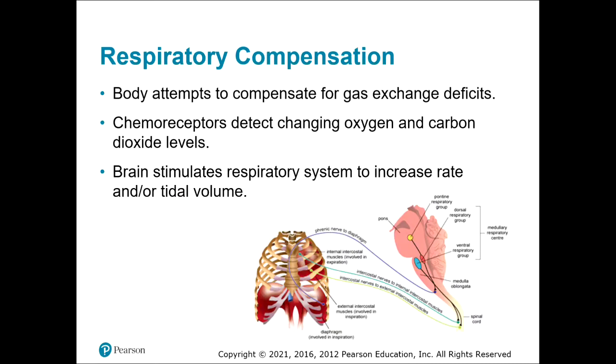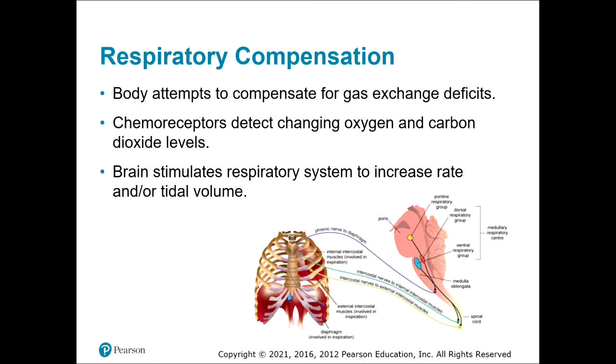The body attempts to compensate for gas exchange deficits. We have chemoreceptors that detect changing oxygen and carbon dioxide levels. They sit primarily in our medulla, and also in our aortic arch and carotid arteries. The chemoreceptors' main job is to detect pH level changes.